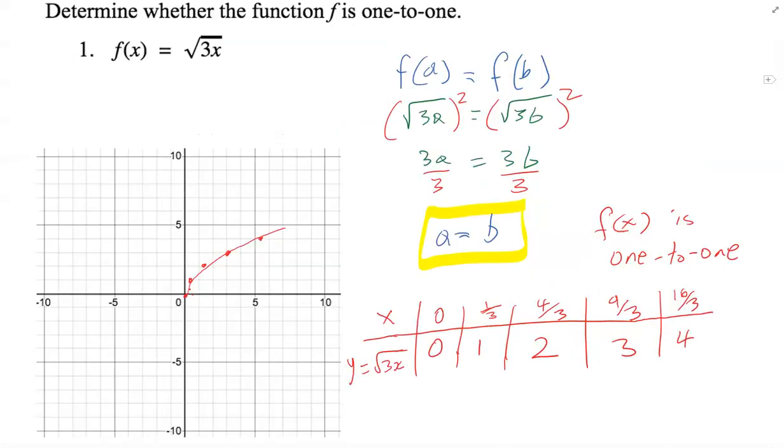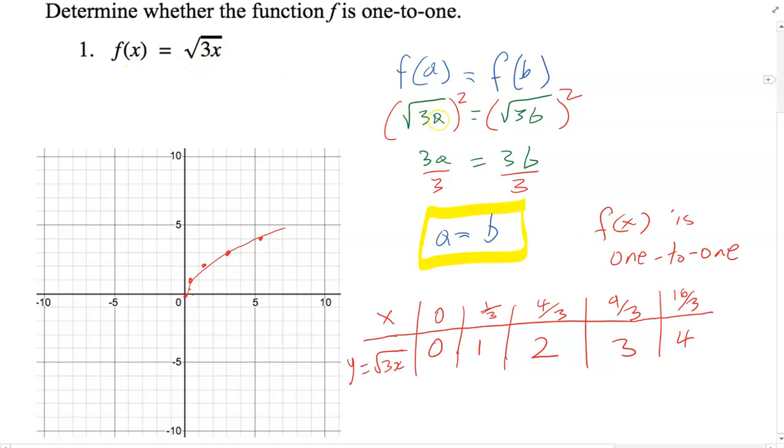Let's look at a couple of examples real quickly. Determine if the function f of x equals radical 3x is one-to-one. Using one of the conditions from our definition, if f of a equals f of b, then a equals b. We put a and b into our original function, f of x equals radical 3x.